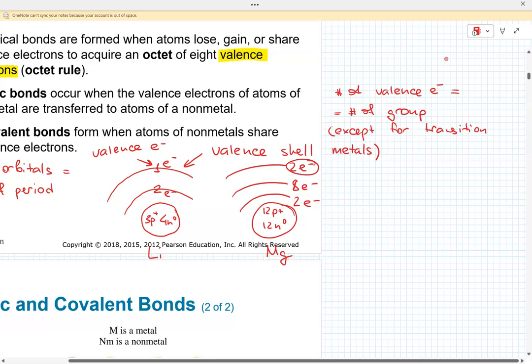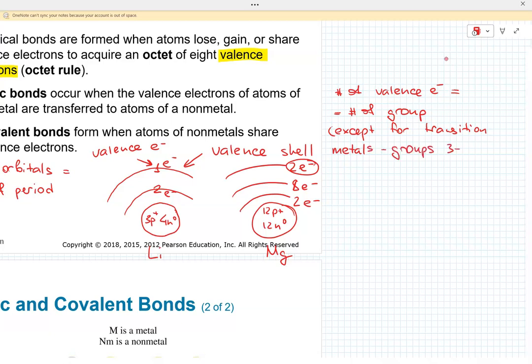So look at group 1. How many valence electrons do all those elements have? That's not a complicated question. 1. Group 2. Group 13. Because we skip transition metals, groups 3 to 12, we move to group 13.